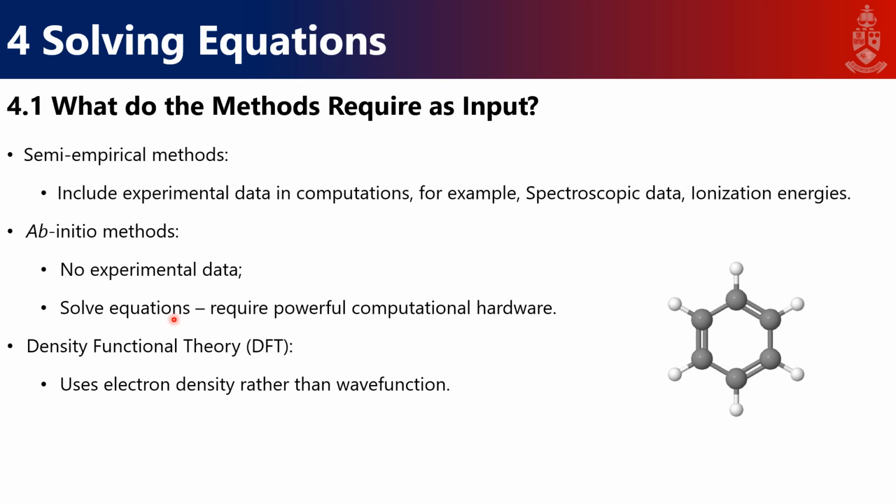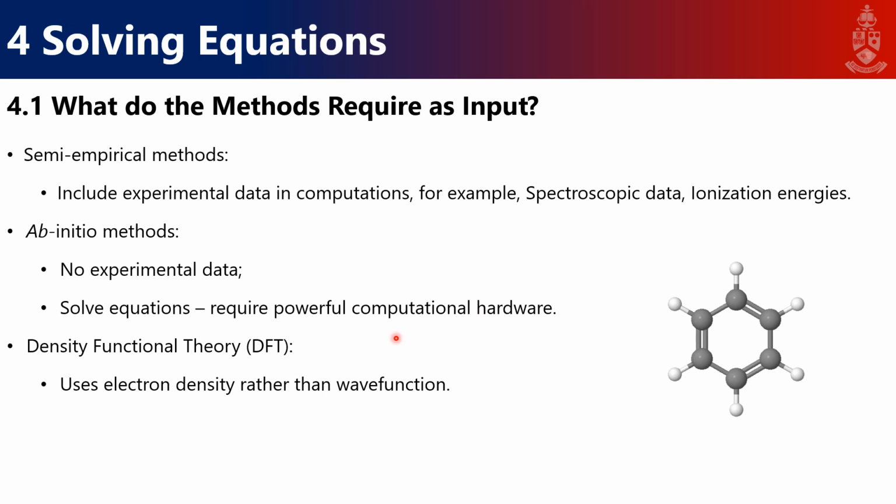We solve the equations using powerful computational hardware, and we mix the wave functions of our atomic orbitals, our basis functions, to get large wave functions for the molecule, and we get energies from them.